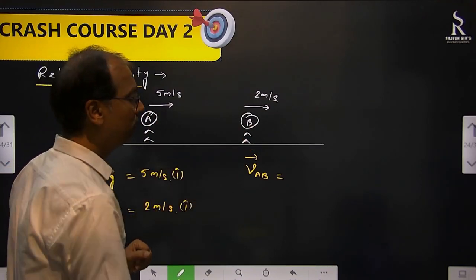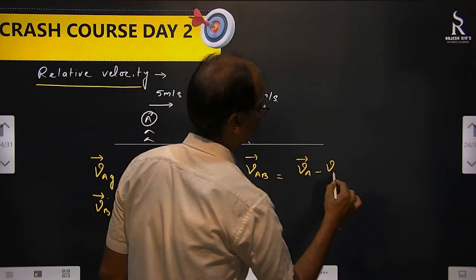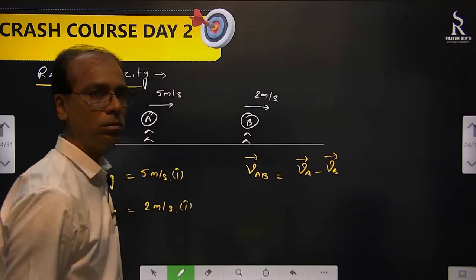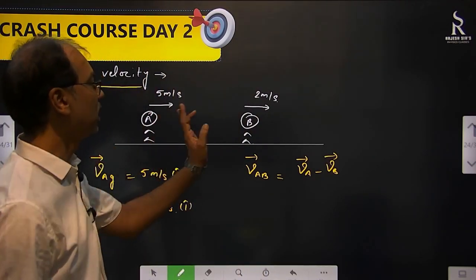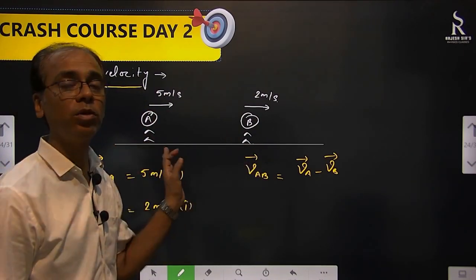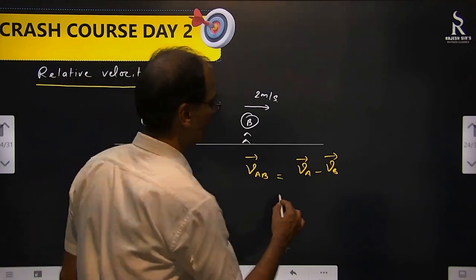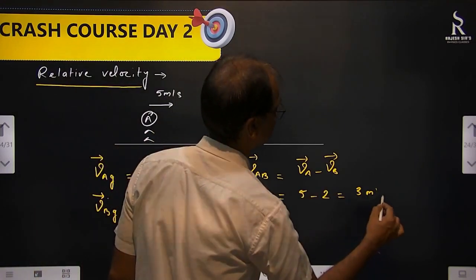So velocity of A with respect to B is velocity of A minus velocity of B. This is relative. How faster is A? So A is faster by 3 meters per second. What did you do? VA minus VB. That is 5 minus 2. That is 3 meter per second.